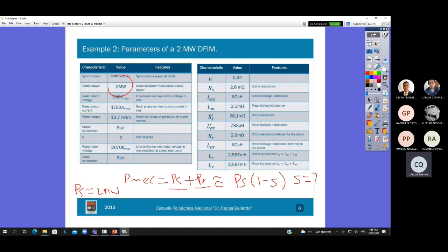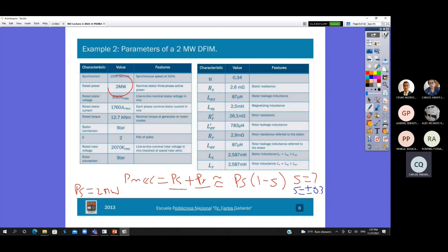If I am operating at hypersynchronism, typically this value is negative 0.3. This value is 0.3, because this point of operation is located at the maximum allowed slip at the hypersynchronous.